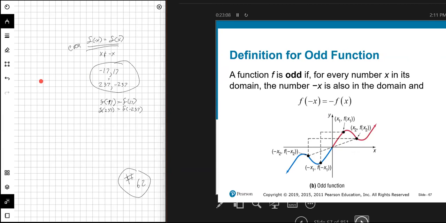For odd, f of negative x will be the negative of f of x. So if negative 17 is in the domain, then f of negative 17 will equal the negative of f of 17.